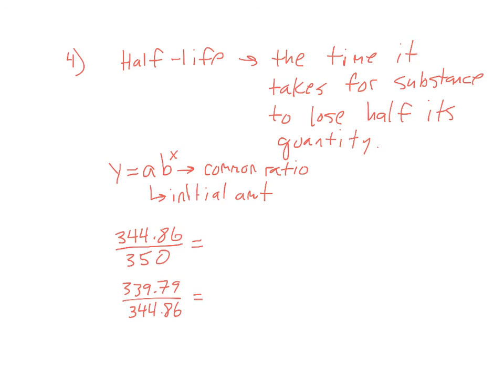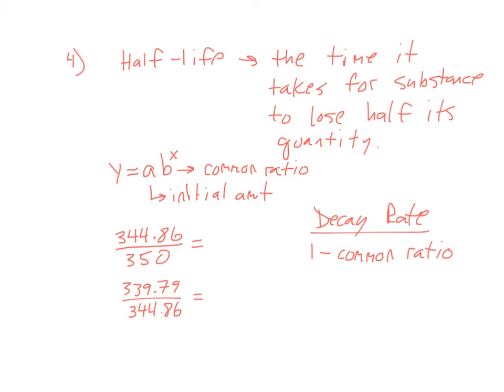And then you can create the equation, and the annual decay rate, once you have your common ratio, you calculate simply by taking 1 minus the common ratio. And that will calculate then the decay rate as a decimal, and you need to then just multiply that by 100 to make it a percentage.